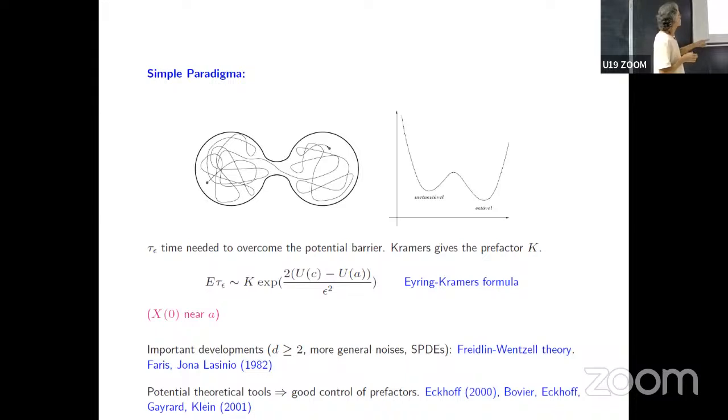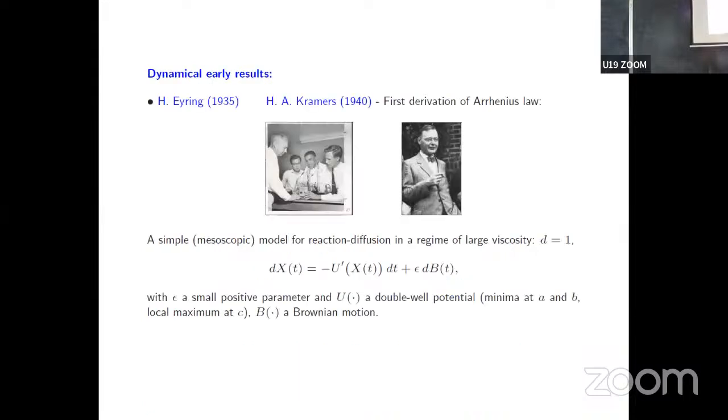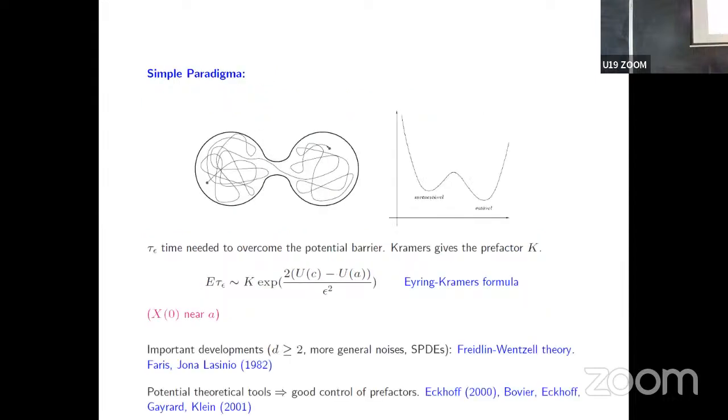What happens is that the value of the prefactor k here, which I didn't write but should have, is obtained in the particular case of one dimension, but that's a very particular case because of Kramers.